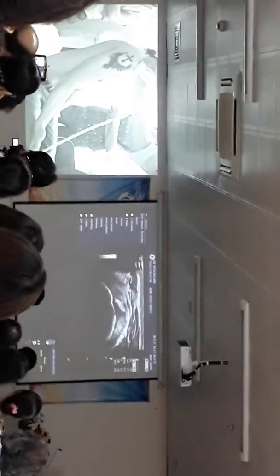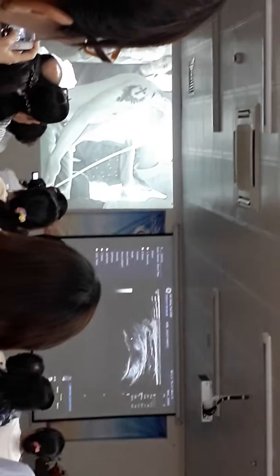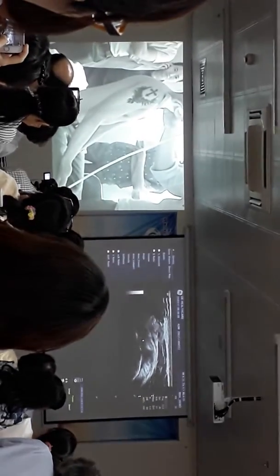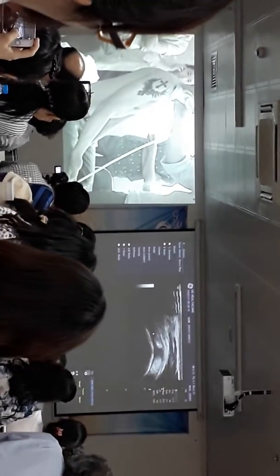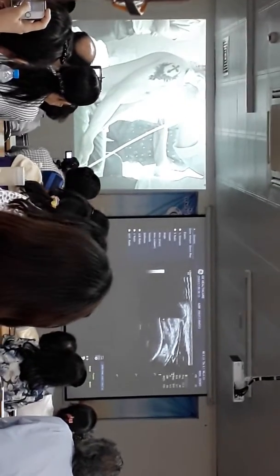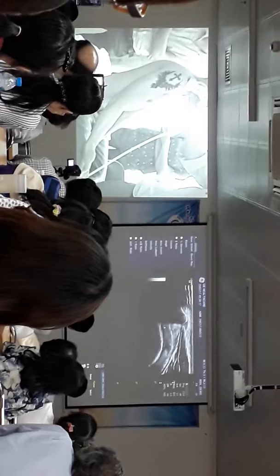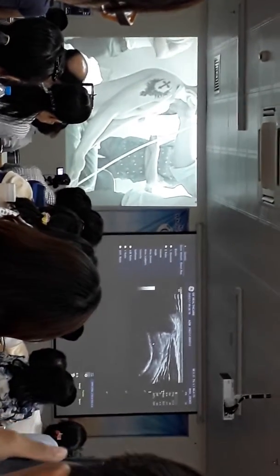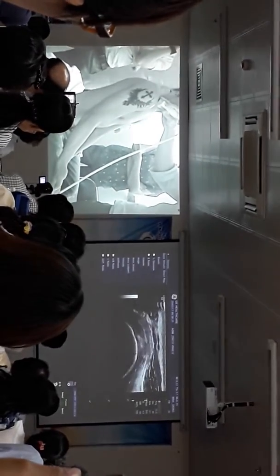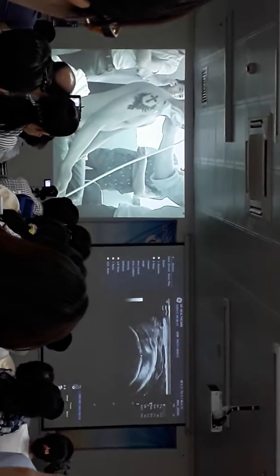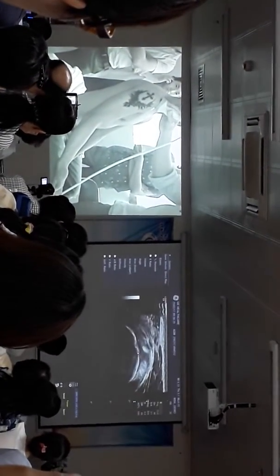And then as we come up higher, that long head of bicep starts to dive into the glenoid, onto the superior labrum. And because of anisotropy and angle, we're unable to see it any further.